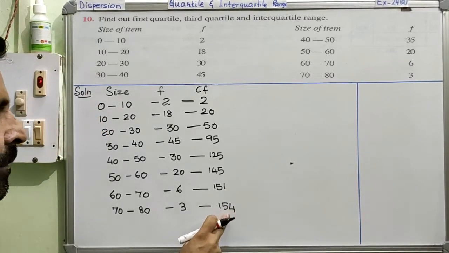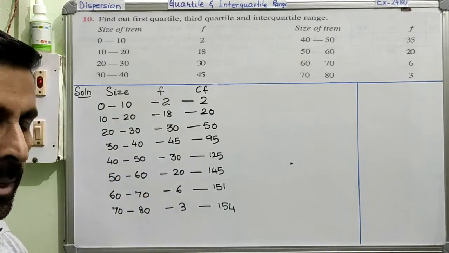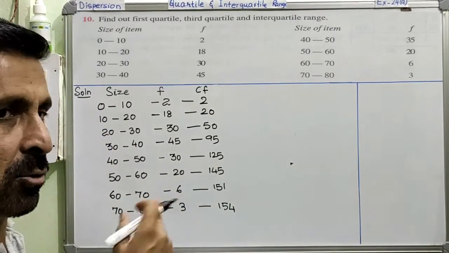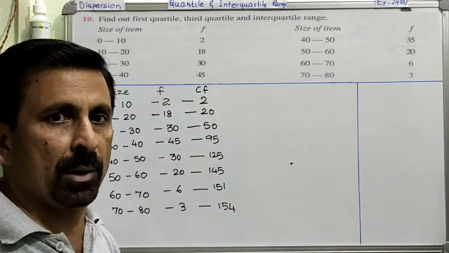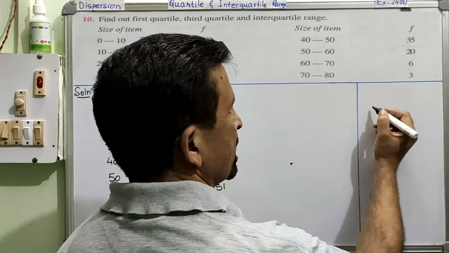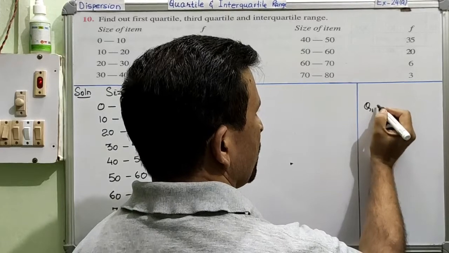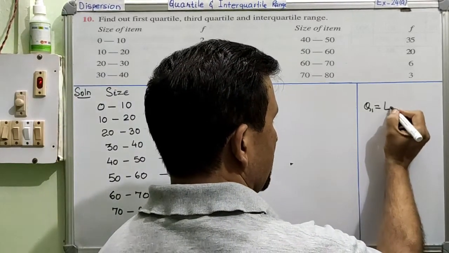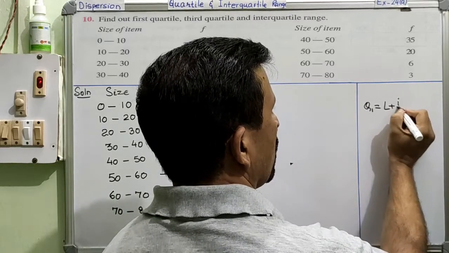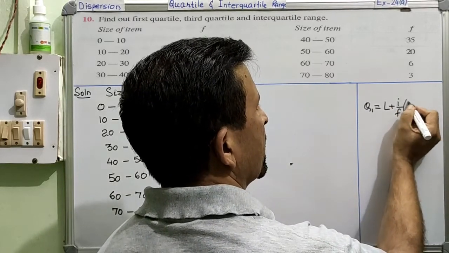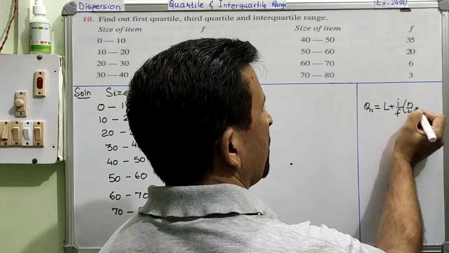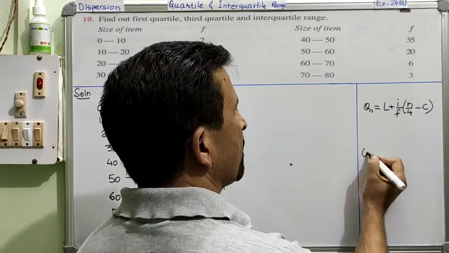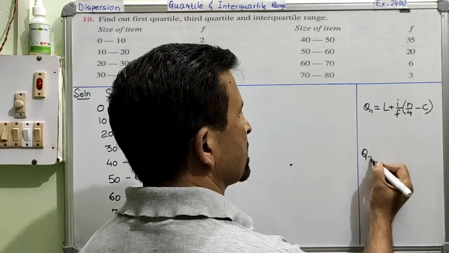Now the final cumulative frequency will tell you the total number of data, right? Now to find the quartiles for this question, we need to know the formula for calculating Q1 and Q3. For Q1, the formula is L plus I over F times n divided by 4 minus C. And for Q3, the formula is very simple.